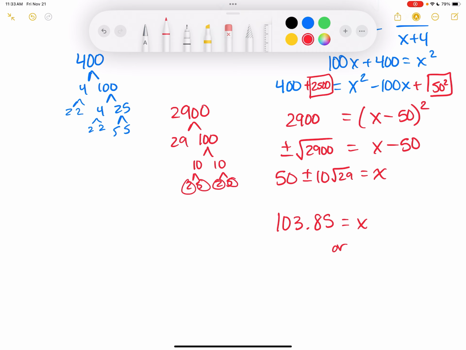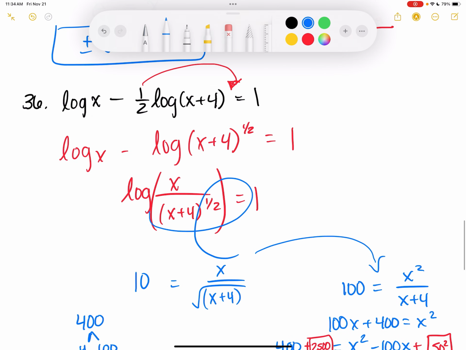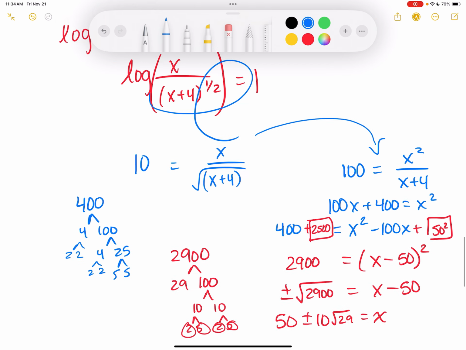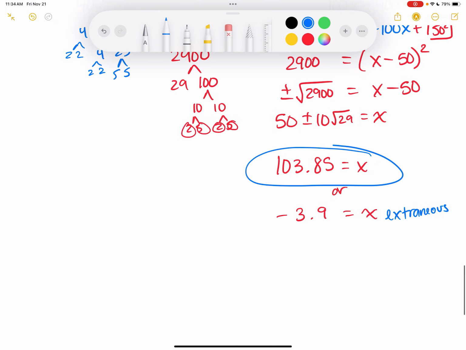What did you get when you did it? Negative 3.9. So this one is going to be extraneous because if I plug that in here, that's going to cause a problem. It won't cause a problem in this one, but it will cause a problem in this one. So the only one that works is the positive one, which is 103.85.